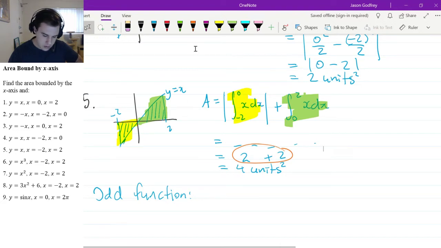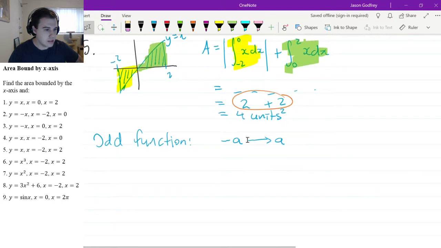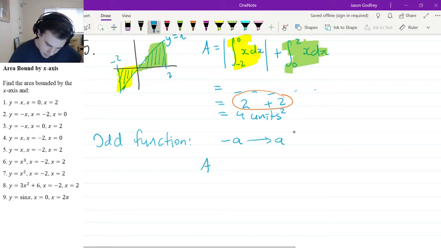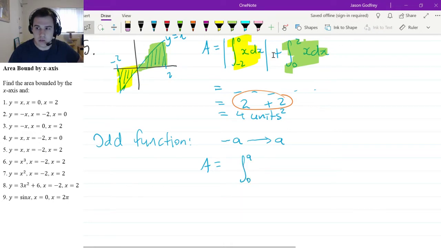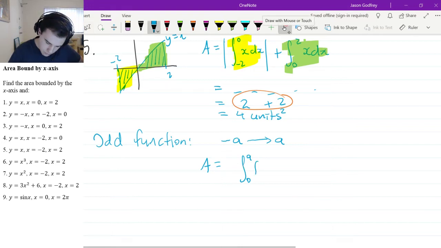So for an odd function, if we're integrating from negative a to a, so notice here we've got negative 2 through to 2, the same numerical value but negative and positive, then we can find the area by going from 0 to a, like we did 0 to 2 here, the integral of the function.